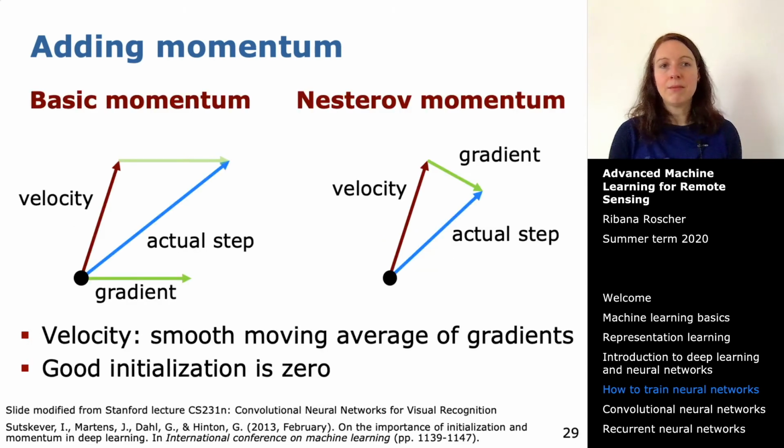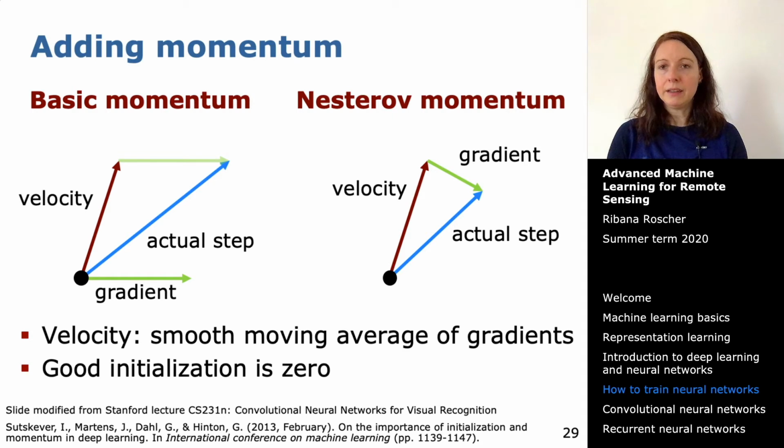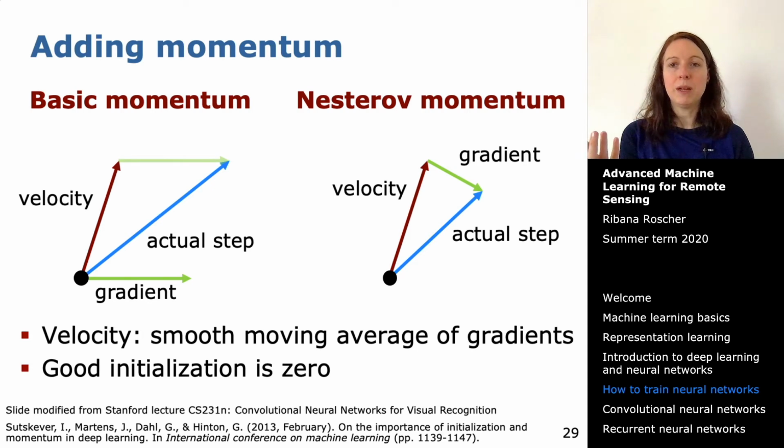One picture you can have in mind when dealing with momentum is exactly this illustration, showing some vectors for the velocity, the gradient, and the actual step you take. On the left side is the basic momentum.